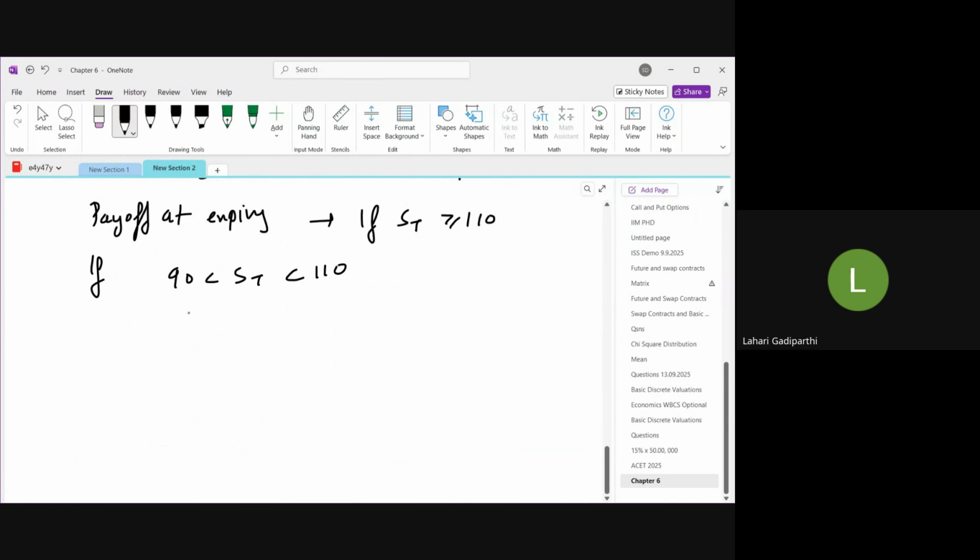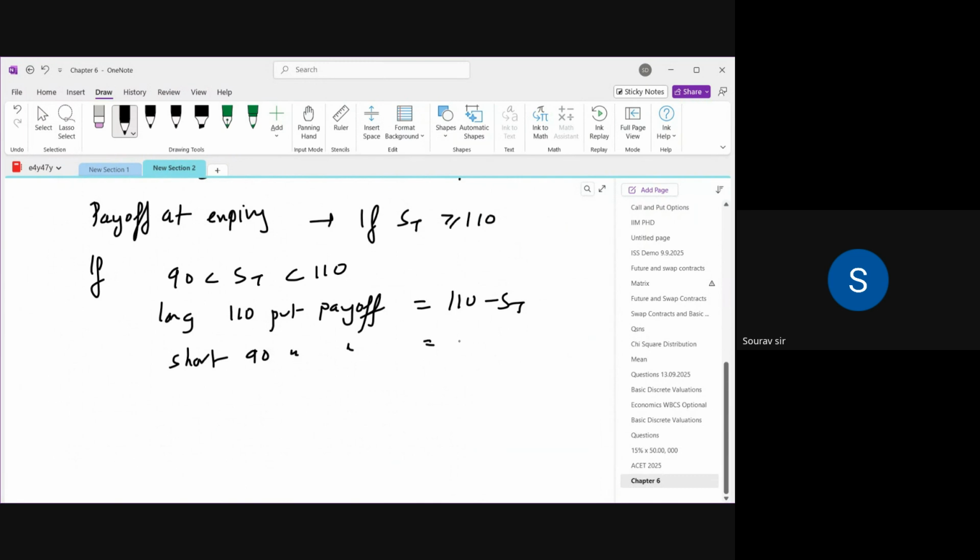Long 110 put payoff will be 110 minus ST. Short 90 put payoff is 0. So what is the net payoff? 110 minus ST minus 10.